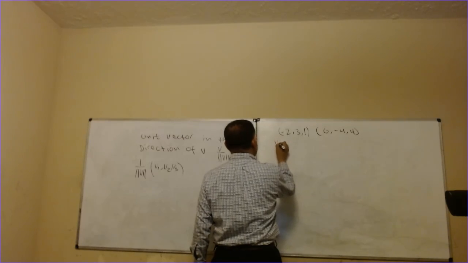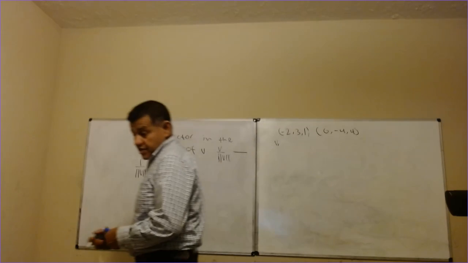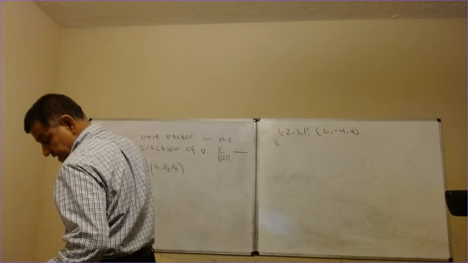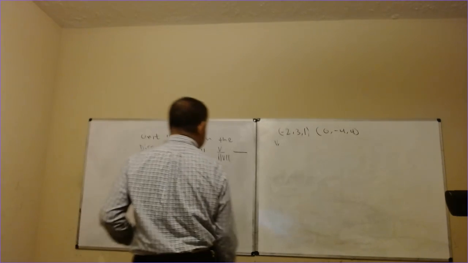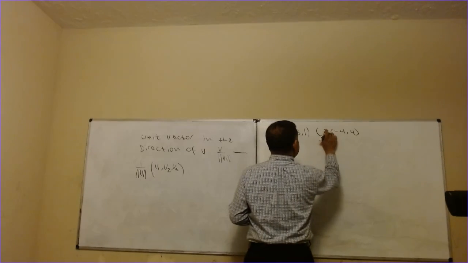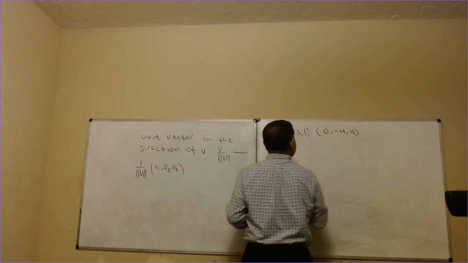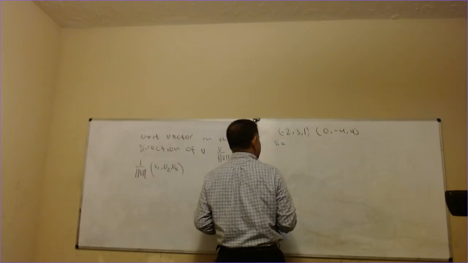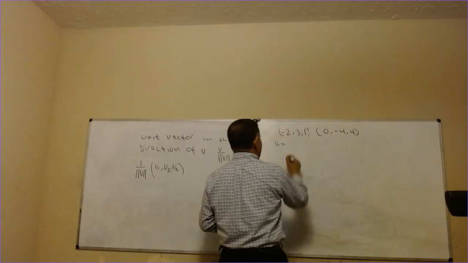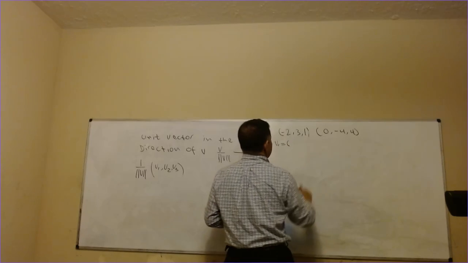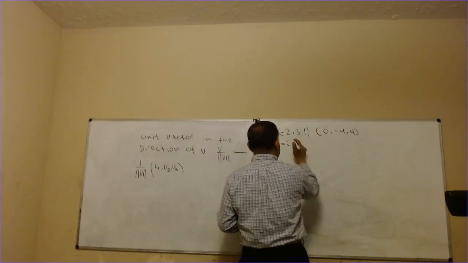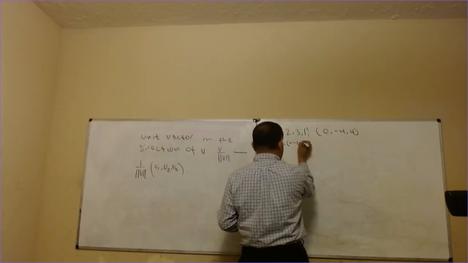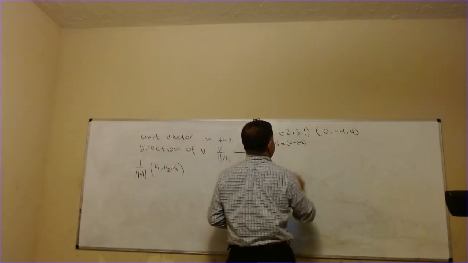So let's calculate this. V1 in this case is equal to final minus initial, 0 minus (-2).